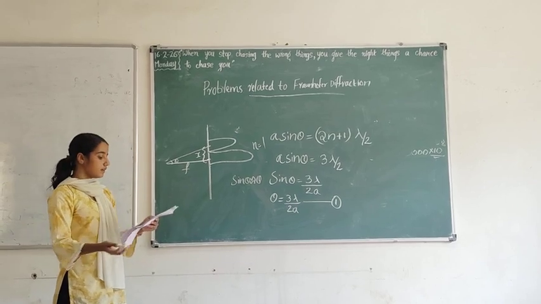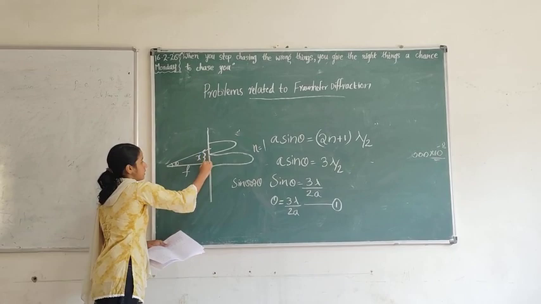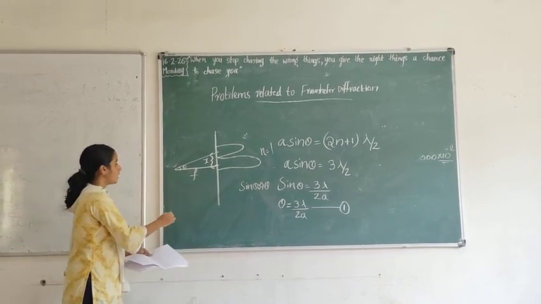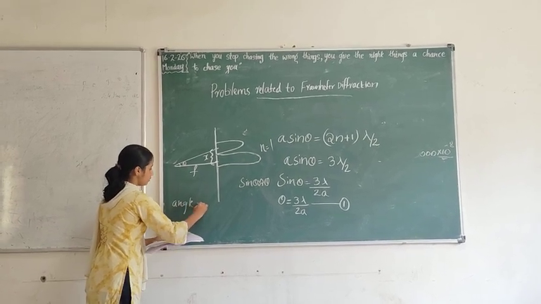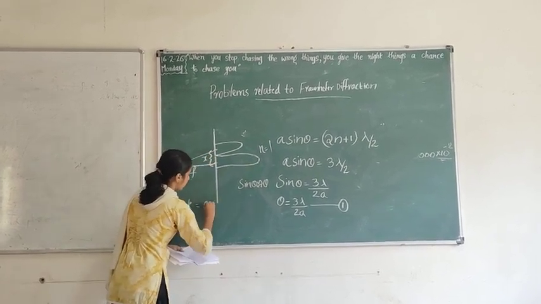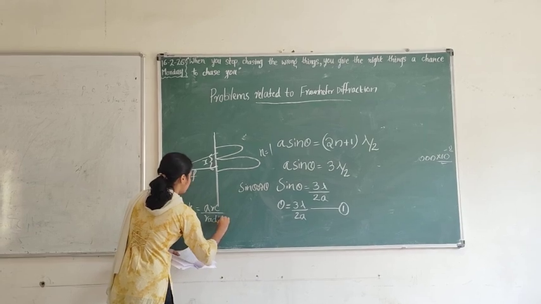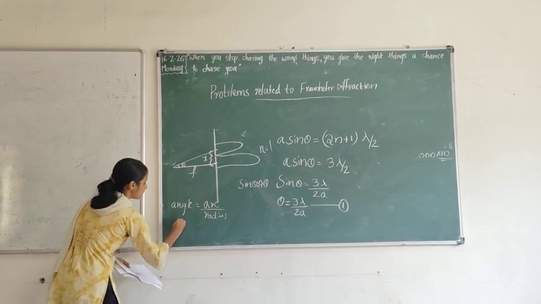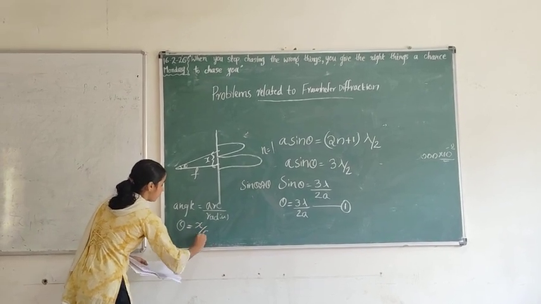Then we want to find the distance x. We know the angle is equal to arc by radius. Here angle theta is equal to arc x by f.